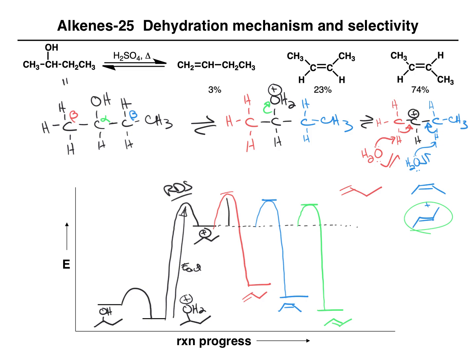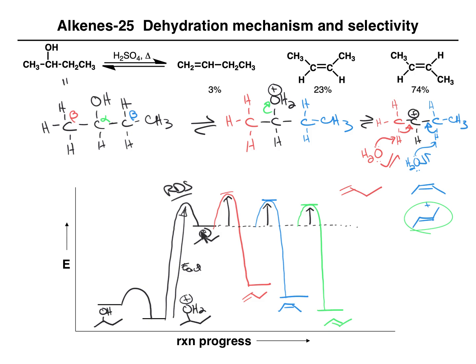So this would be the activation energy for the last step leading to the red product. This is the activation energy for the last step leading to the blue product. And this is the activation energy for the last step leading to the green product. Now, keep in mind, Hammond's postulate tells us that states that are similar in energy are similar in structure, or states that are similar in structure would be similar in energy.